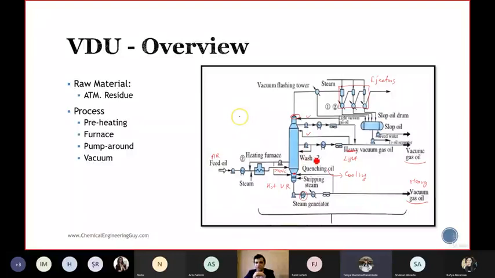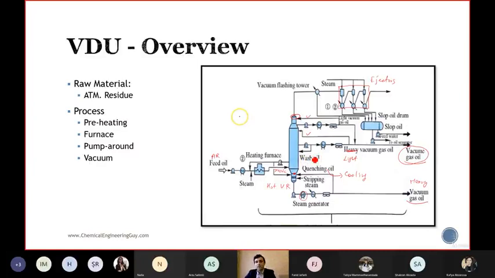The wash oil is also the same, to control the quality of vacuum gas oil. If you see that there are some problems in terms of the boiling point or other parameters, you play with the amount of wash oil which is sent back to the column.